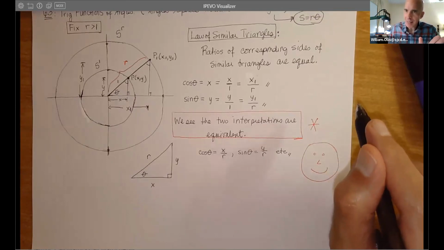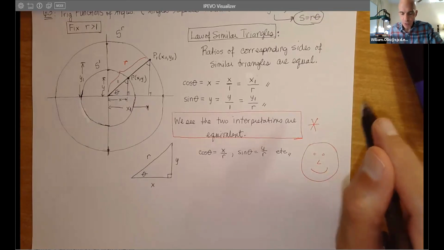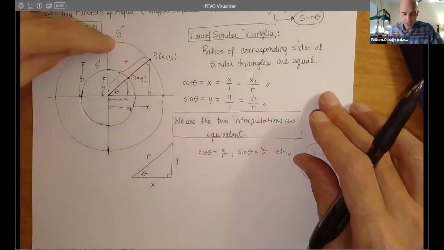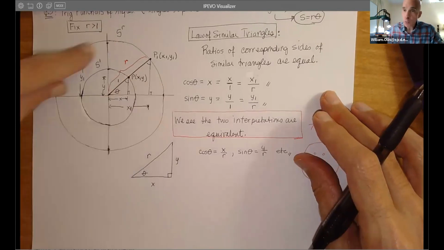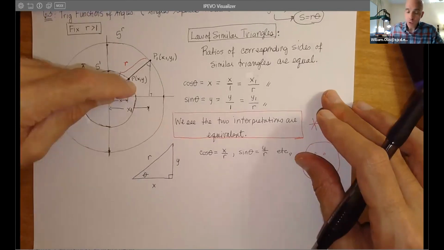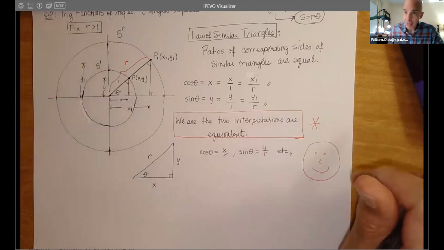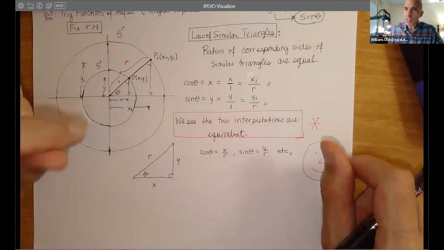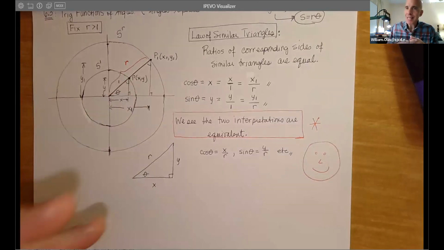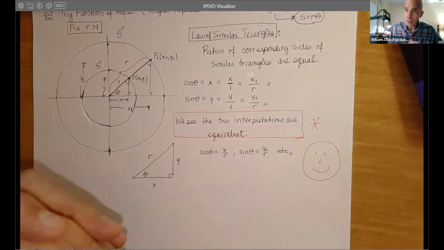That doesn't make sense. We can still measure angles counterclockwise and clockwise, but this reference angle refers to a reference triangle. So we have to think about the reference angle as being inextricably tied to the reference triangle.